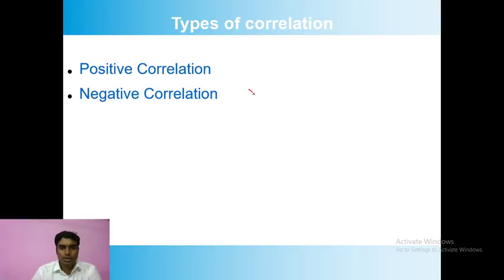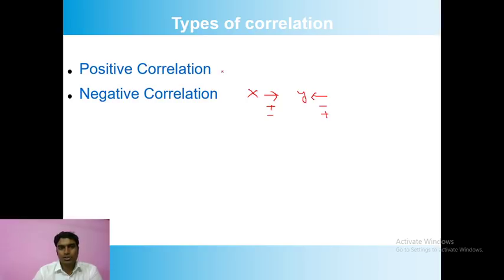Next, suppose we have negative correlation. When I increase the x variable, but the other variable y decreases, it goes the negative way. Another way to say it: if I increase the x variable, then y decreases.